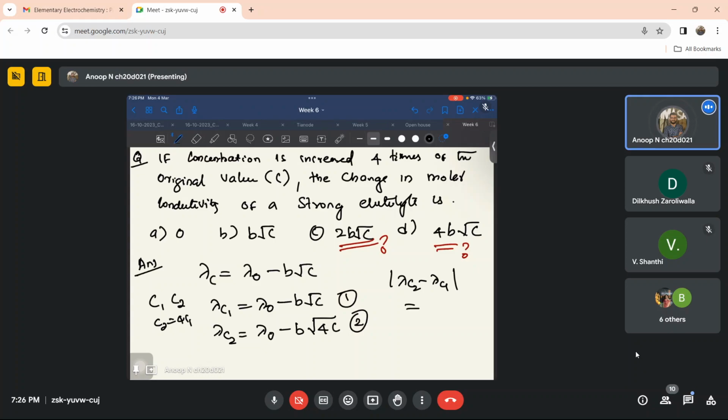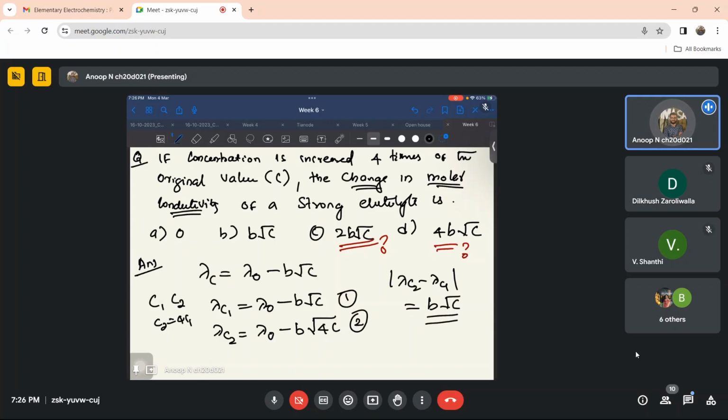Just subtract and see. What will be the answer? It's all change in molar concentration. So it will be D root C.